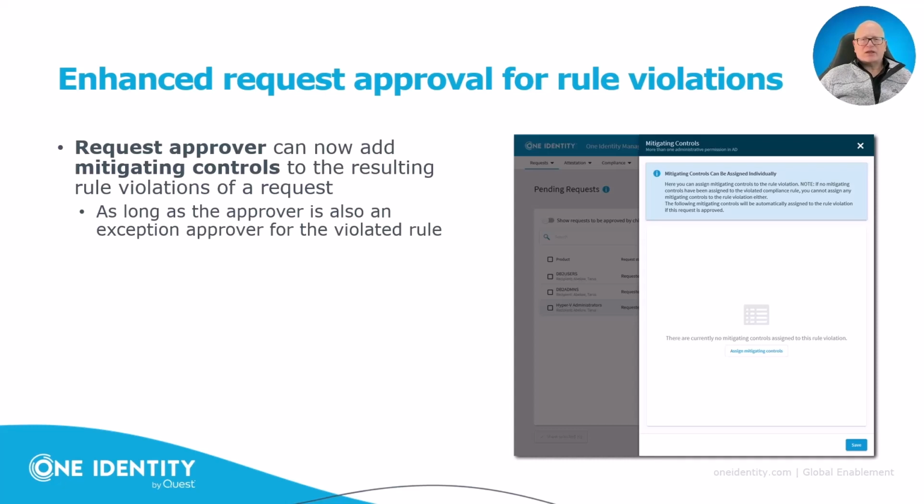To mitigate the risk, we have had mitigation controls available forever, but the good message is now, if I make such decisions, if I approve a rule violation or something else, I can in the same way assign mitigation controls, for example another training or an attestation or whatever, so that the risk gets mitigated after it was increased.